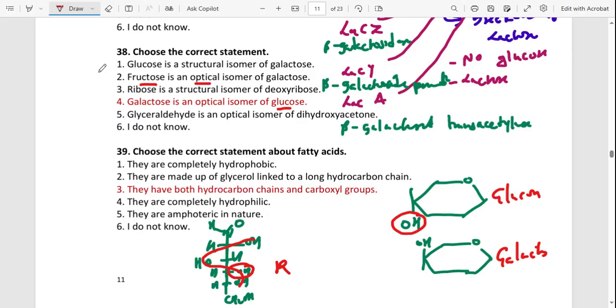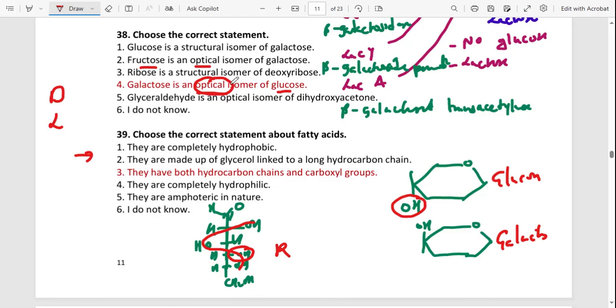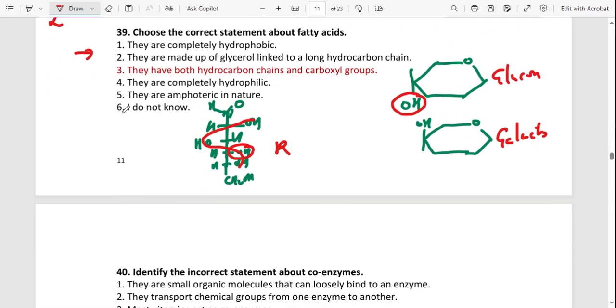Hope that makes sense. Optical isomers would be if you have one which is D and one which is L, like D-glucose and L-glucose. But we can take them as optical isomers when we are taking the open chain because they differ at carbon number 4. But just take note, galactose and glucose are stereoisomers.